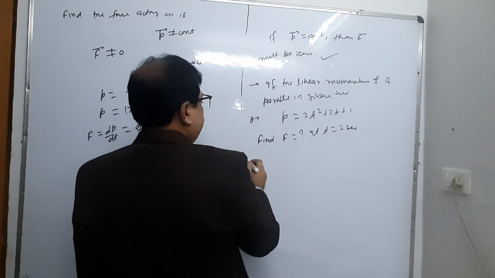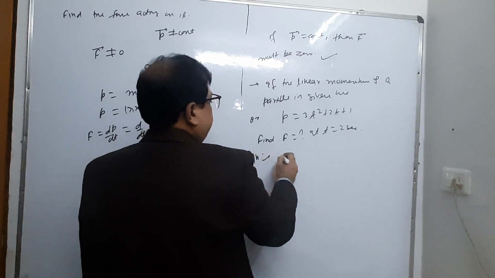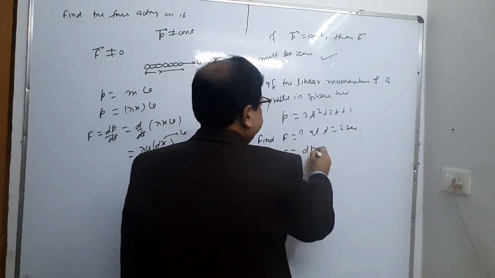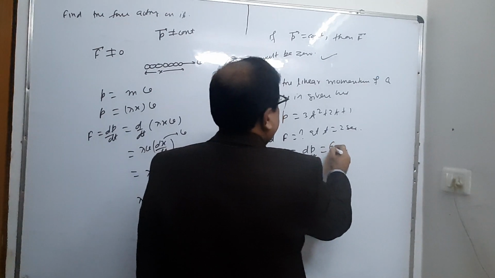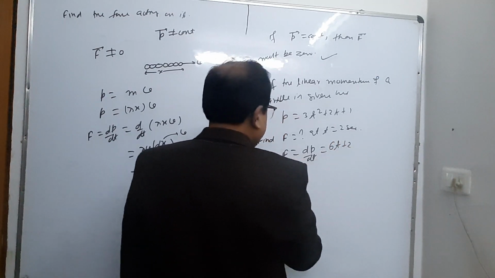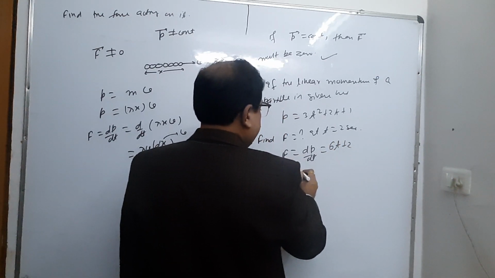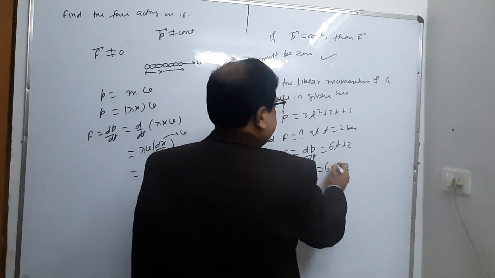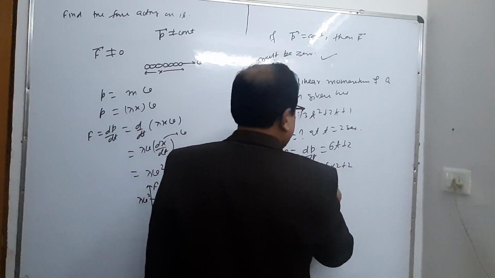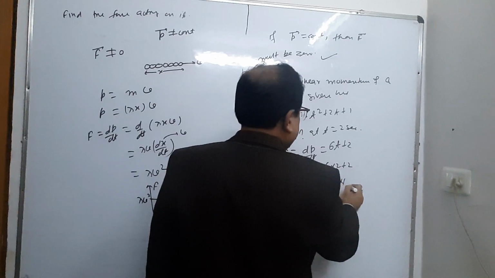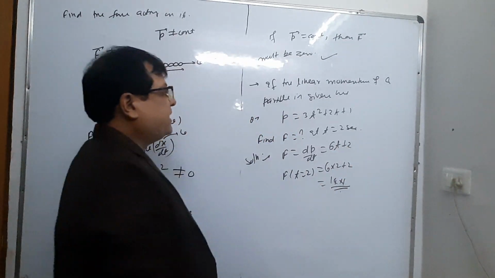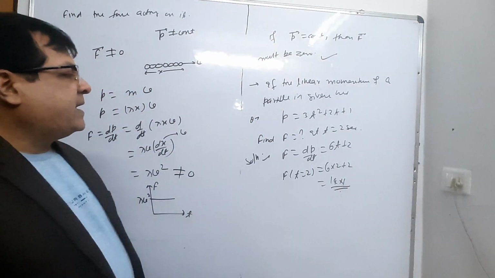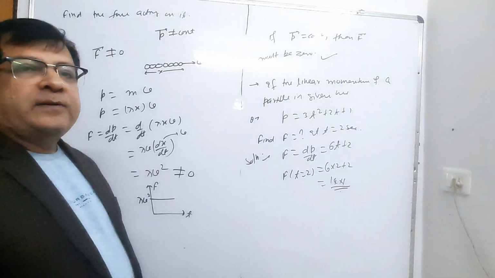So F is equal to dp by dt. This is 6t plus 2, and hence force at t equal to 2 is 6 into 2 plus 2, this is 14 Newton. So at every instant we can calculate its force.